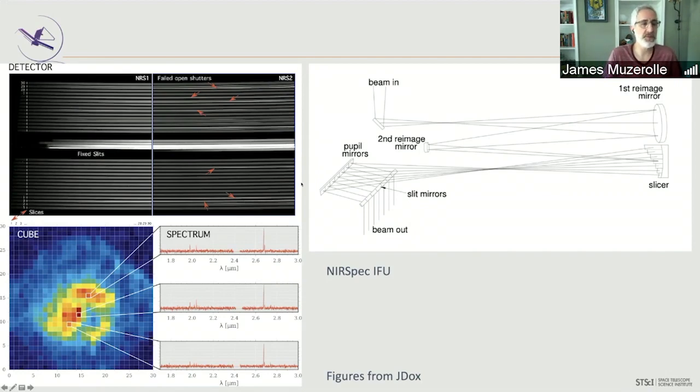This is actual data from the ground using internal lamp exposures, showing how the spectrum for each of the slices is imaged at the top and bottom of each detector. And again, the fixed slits are always open in the middle of the detectors. Below, once the pipeline finishes its processing, it produces a spectral cube, shown schematically like this, where you get both spatial and spectral information.